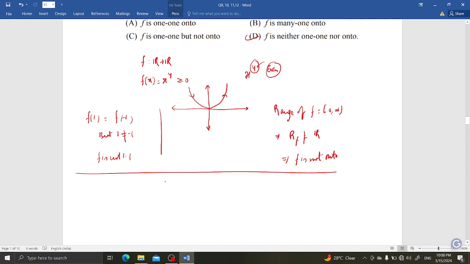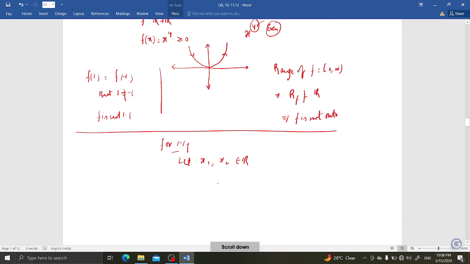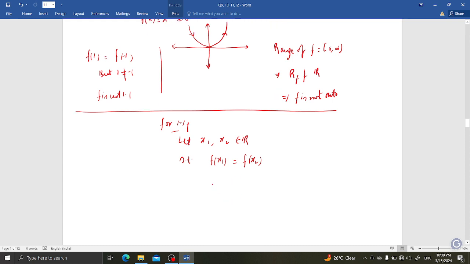In the analytical method, for one-one, I need to assume that x1, x2 belong to the real numbers such that f of x1 equals f of x2. So f of x1 is x1 to the power 4, and x2 to the power 4.